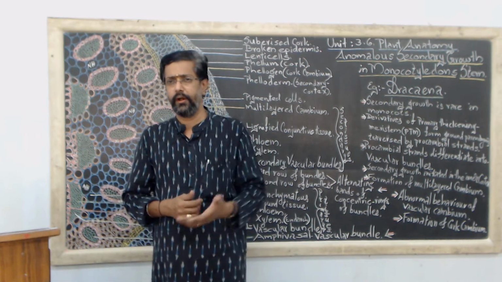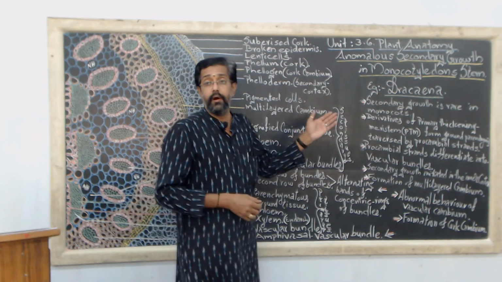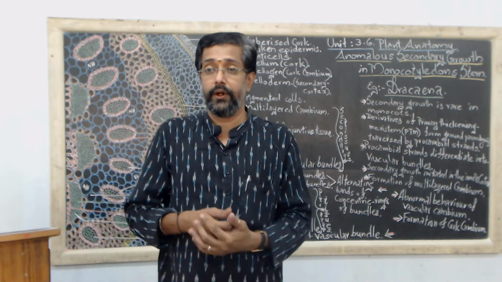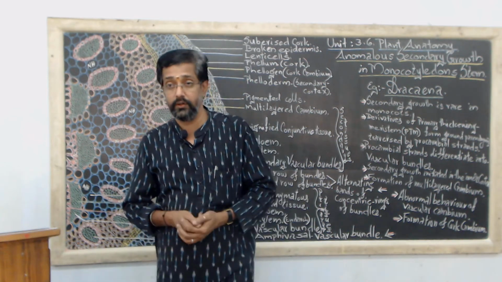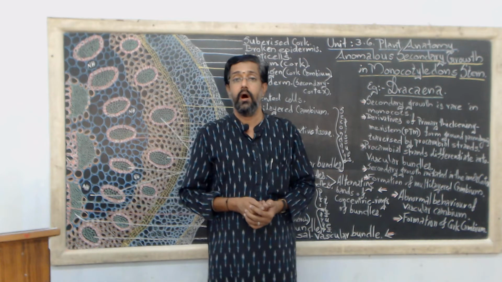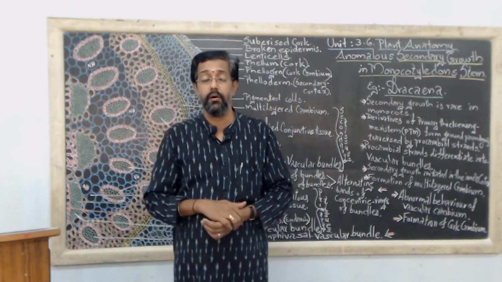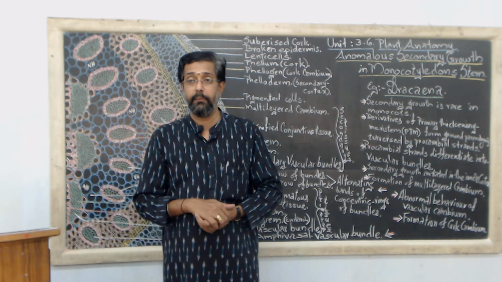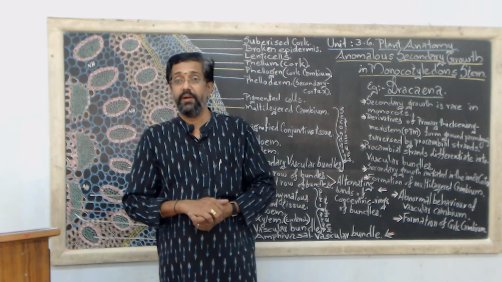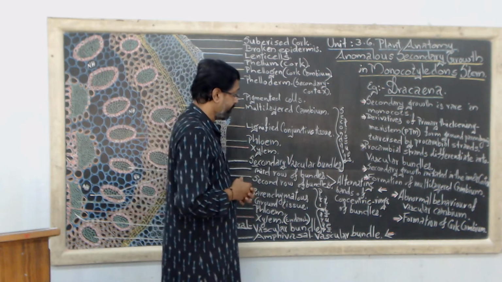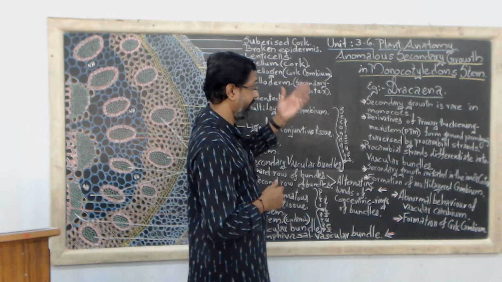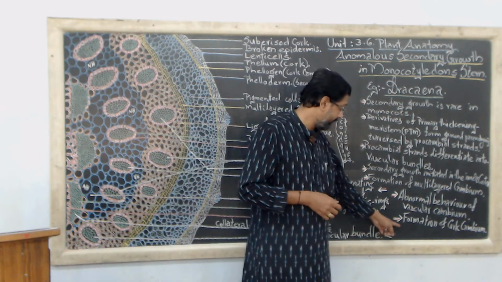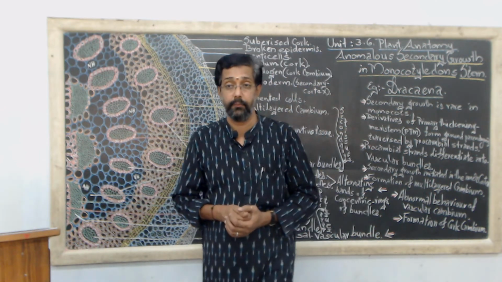But when anomalous secondary growth in thickness starts in monocots, the outer hypodermal collenchyma, epidermis and those bands of sclerenchyma get demolished. So, in connection with the anomalous secondary growth in monocots, here in Dracaena we can see the formation of the cambium.